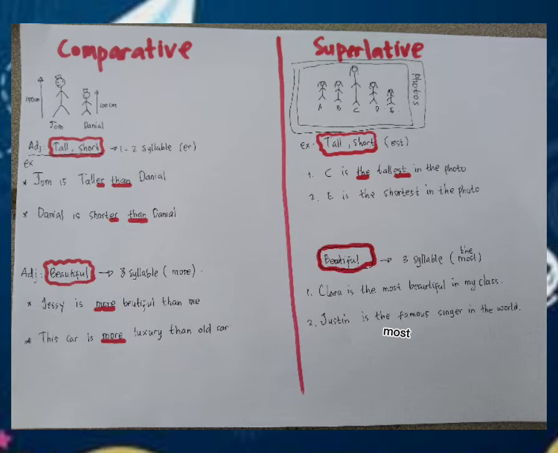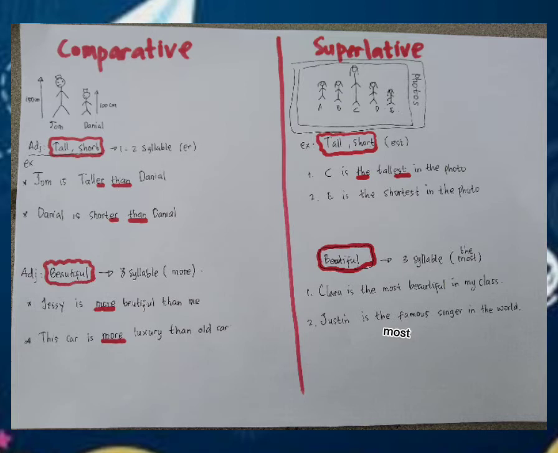Next, we continue to superlative. Look at the photo. In that photo, we know she is taller than the others. So you can say she is the tallest in the photo. It means she is the tallest one. Next, look at the photo. Which one is the short one?